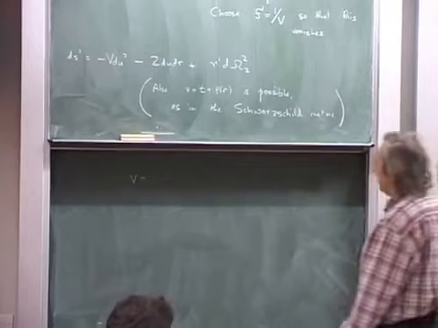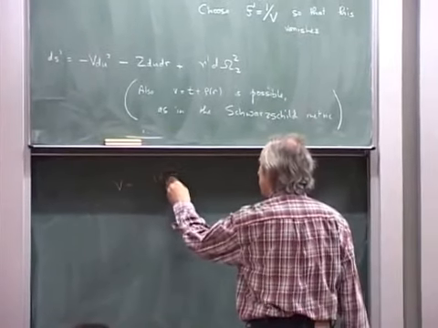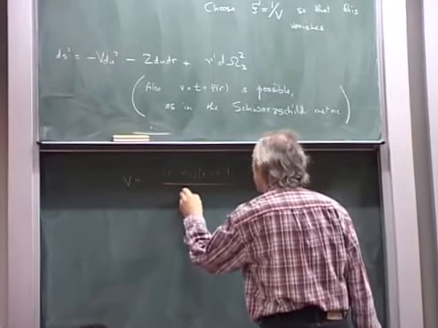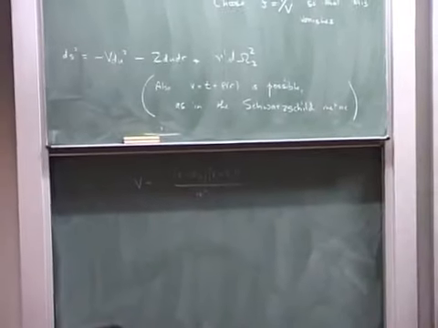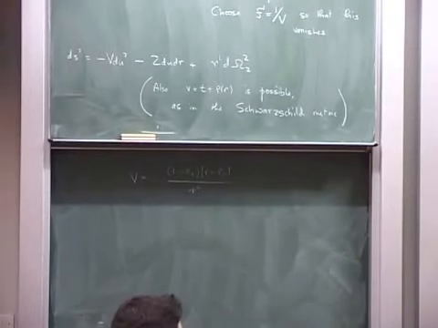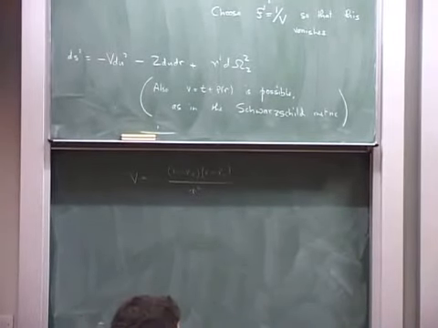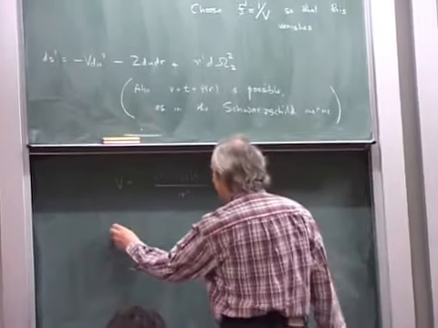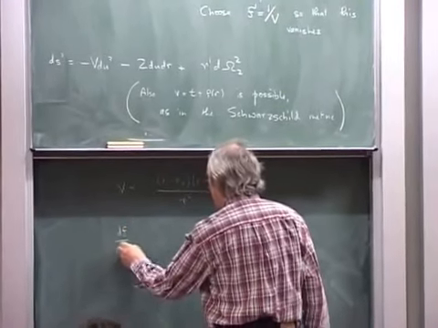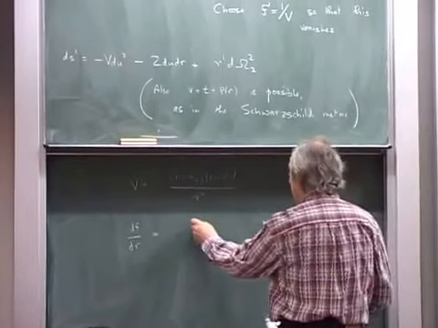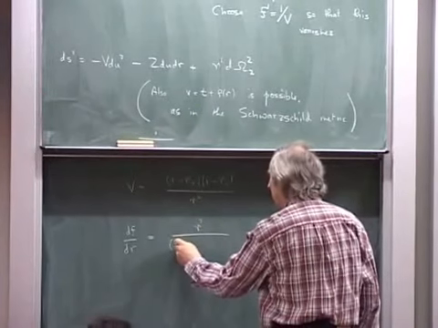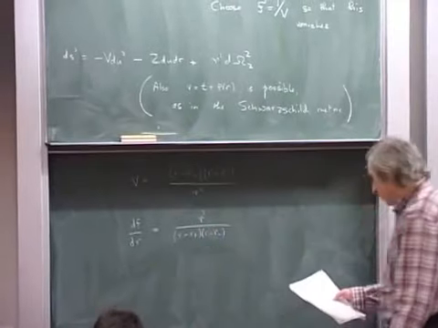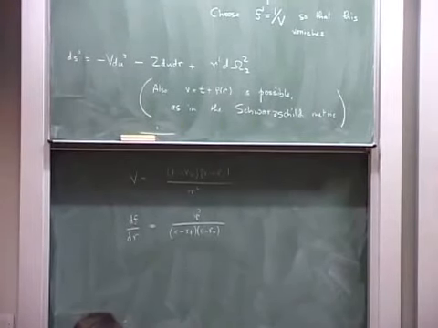So just as good a way of writing it is r minus r plus times r minus r minus, divided by r squared. And that will make your life a lot easier, then there won't be square roots of m squared minus q squared everywhere. So df dr is therefore equal to r squared over r minus r plus times r minus r minus, and all you have to do is to integrate that up.